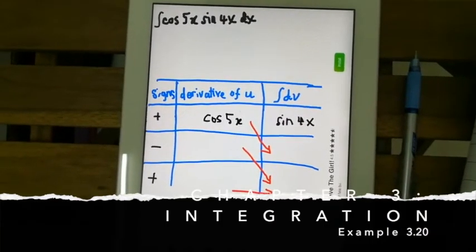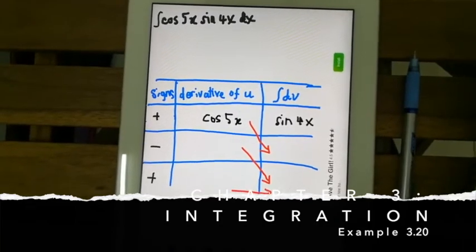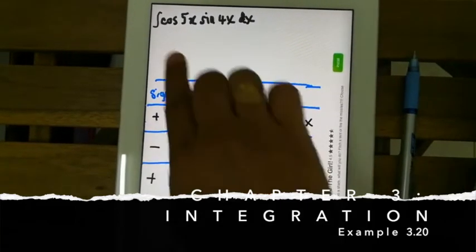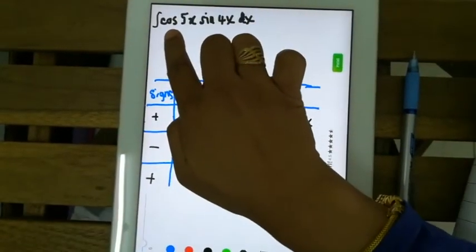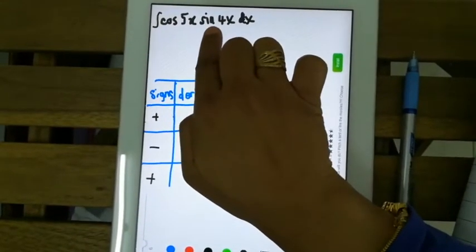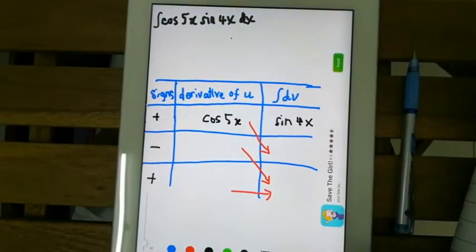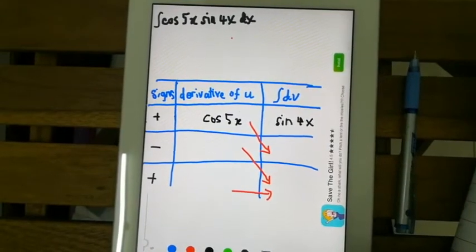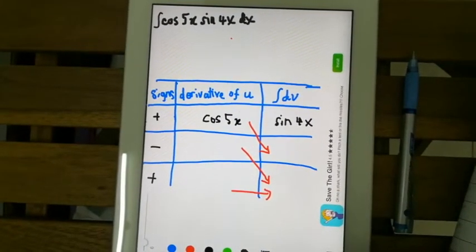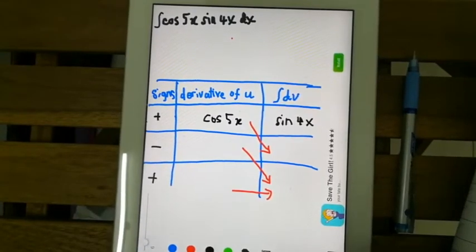Another example for the tabular method, which is example 3.20, page 85: you need to evaluate the integration of cos 5x sine 4x dx. This one is a little bit different from the previous one because there is a product, or multiplication, of trigonometry functions.